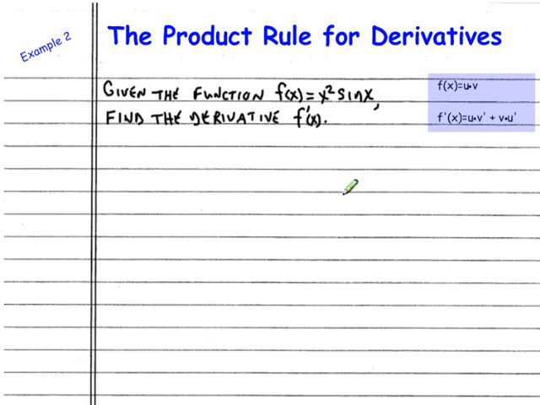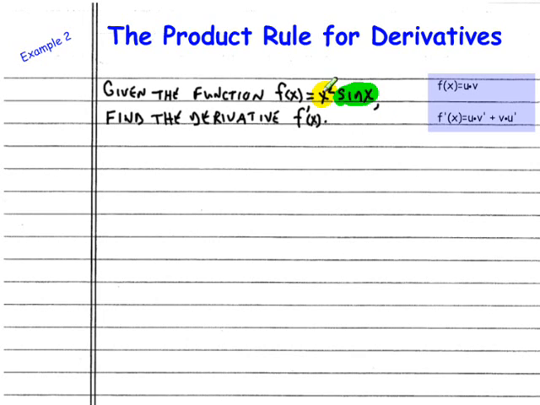So again, it's important for us to realize the two functions that we're talking about. This is our u function, or our first function, and that's really what we mean is our first function. We're labeling that u in this case. And of course, the second function is the function sine x, or the expression sine x.